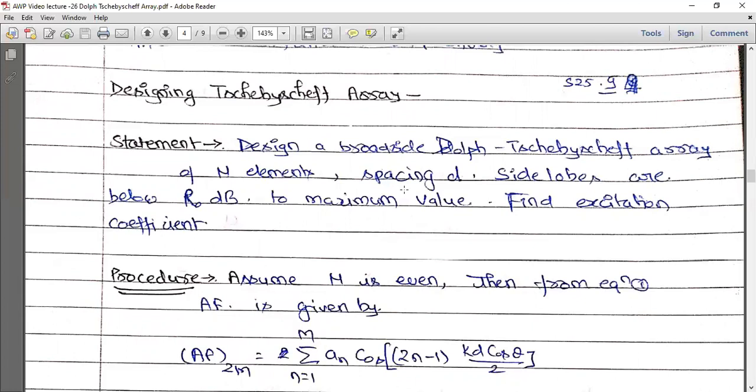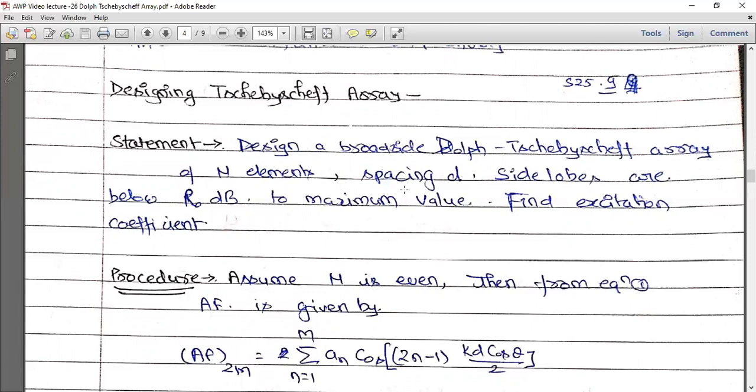What does this mean? Try to visualize that you have placed an antenna array, and this antenna array is producing two kinds of lobes. One is the major lobe, in the direction of maximum radiation, which is very large, and there is a small side lobe in some other direction. Now the maximum of the side lobe is obviously smaller than the maximum of the major lobe.